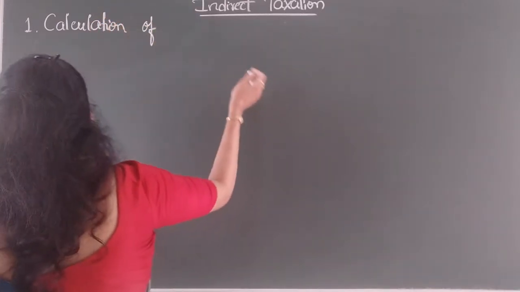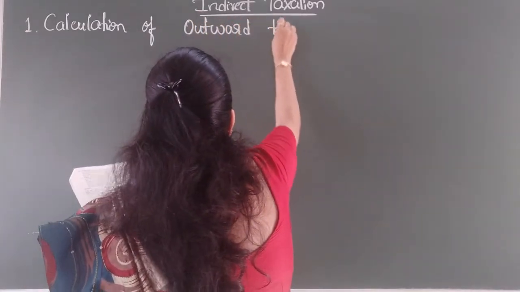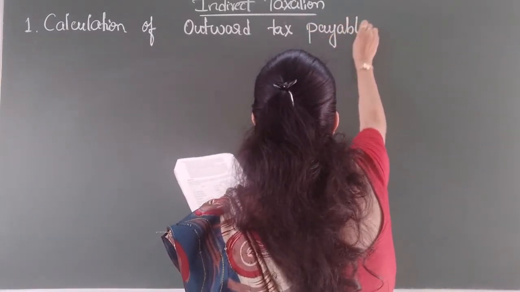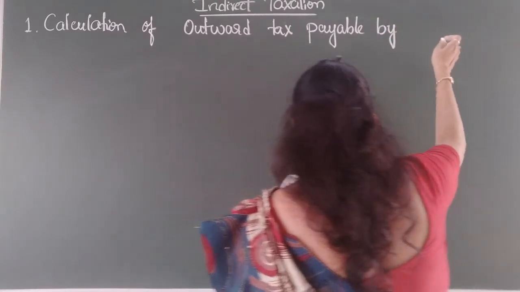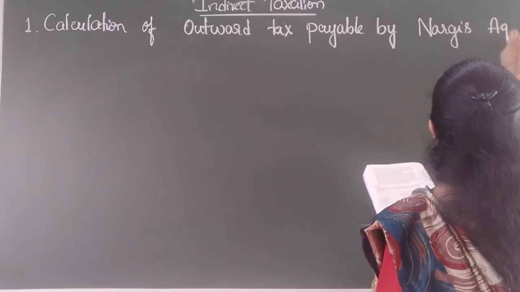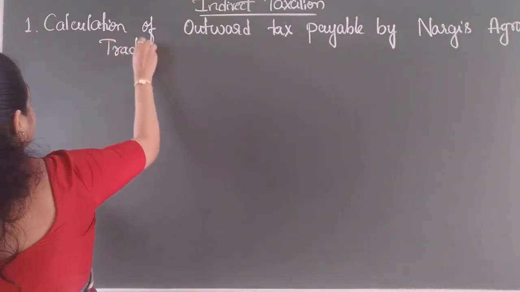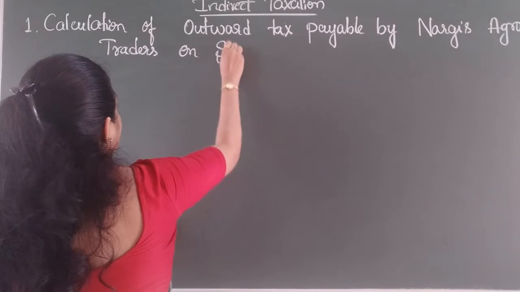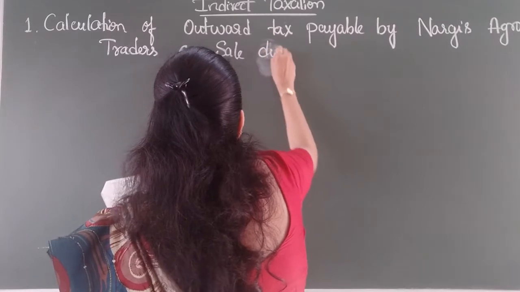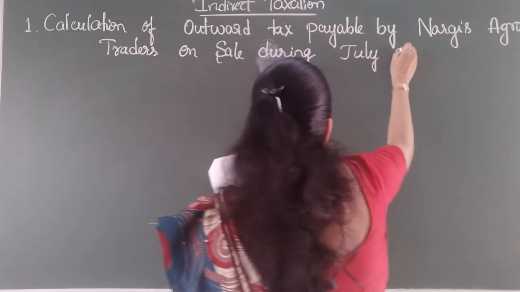Okay, take down. Calculation of outward tax payable by Nargis Agro Traders on sale during July 2019.